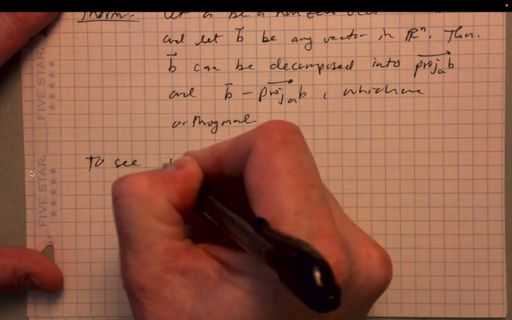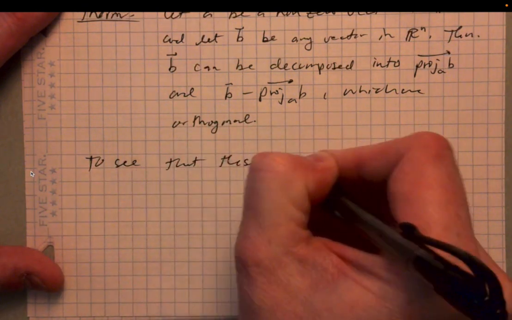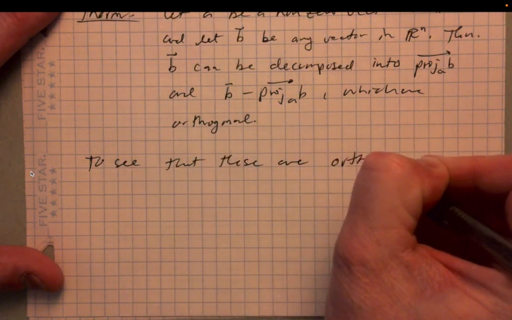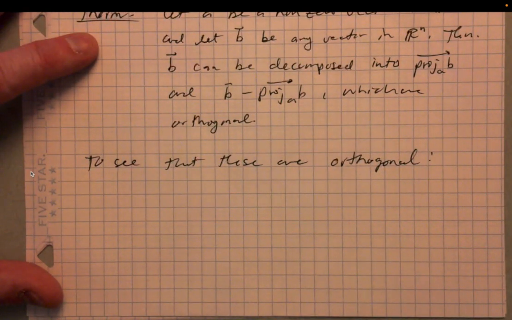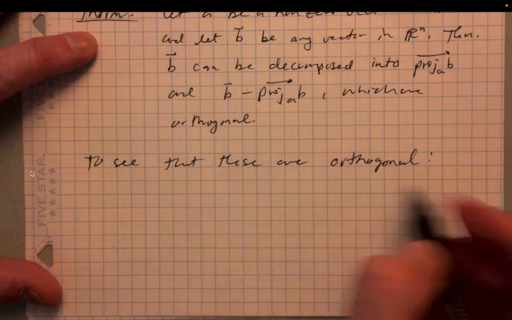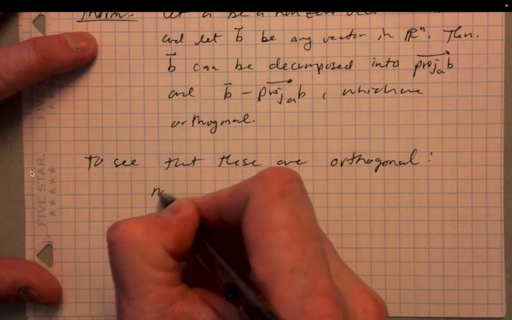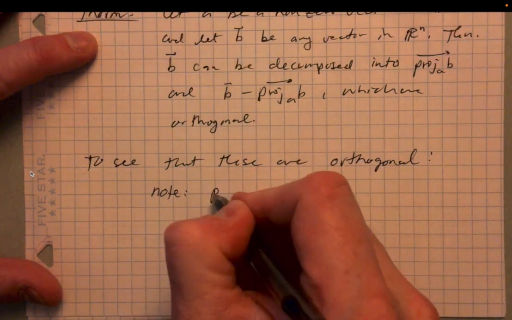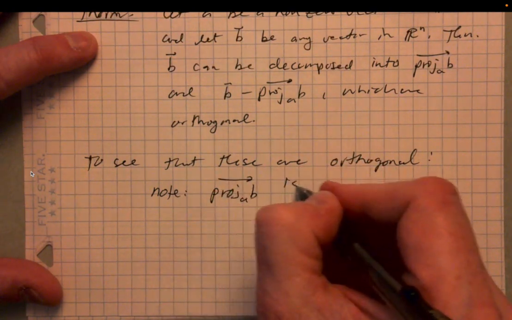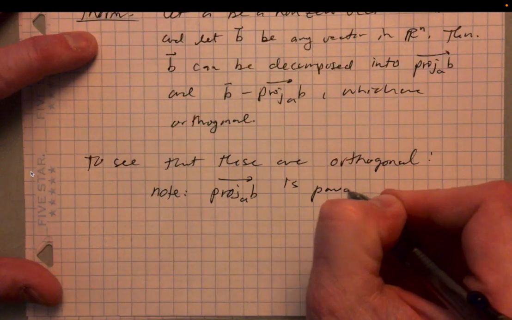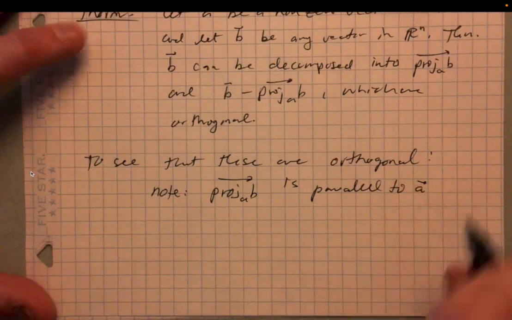So to see that they're orthogonal, you can simplify things by noting that the projection of B onto A is parallel to A, right?